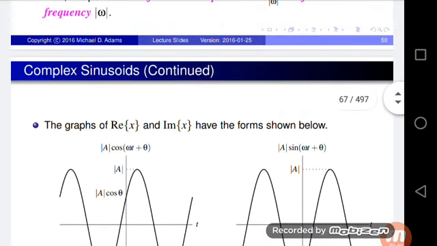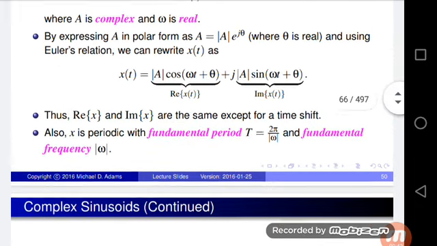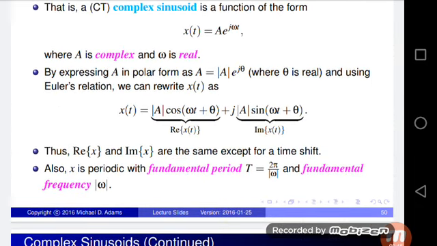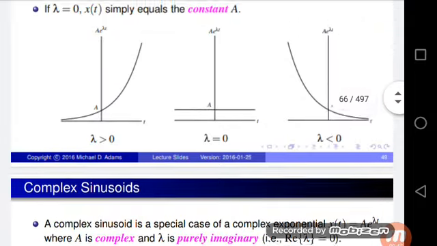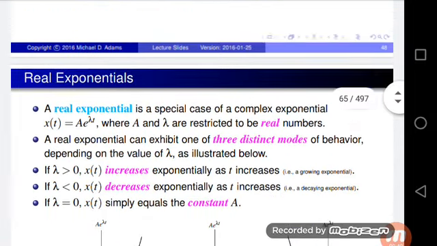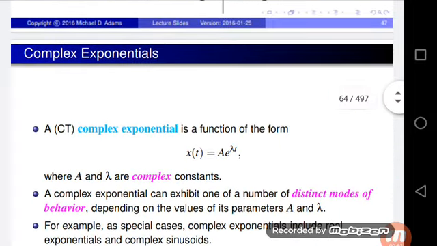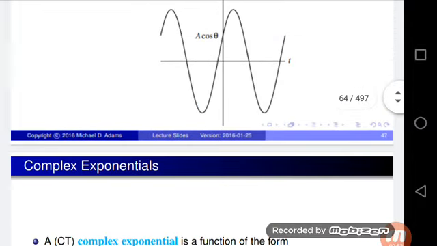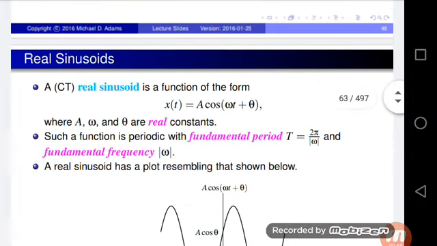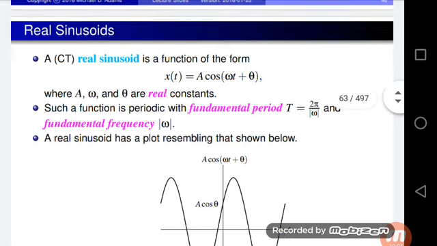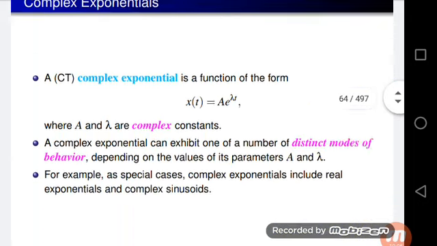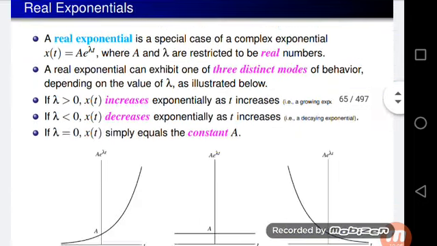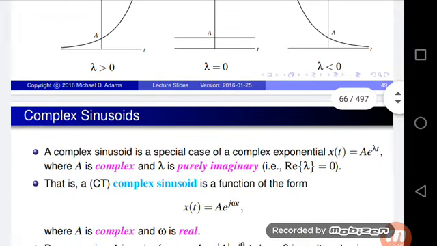So these are the complex sinusoidal waves and the different formulas of complex sinusoids, real exponentials, complex exponentials and real sinusoids. These are the four types of signals, with four types of equations and related waveforms.